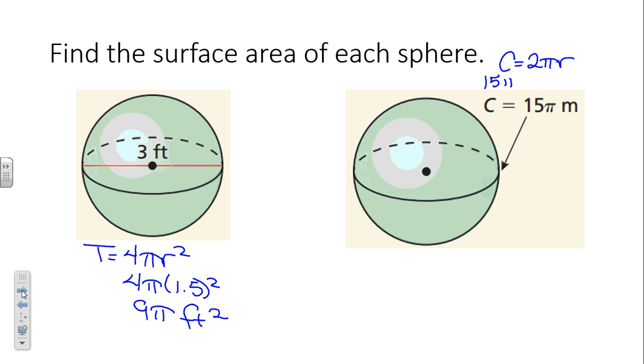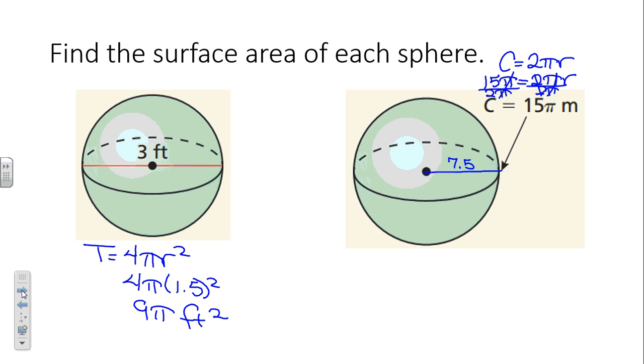They told us circumference is 15 pi. By writing the formulas down, plugging things in, now you know what to do. How do we get the r by itself? Divide by 2 pi. Pi's go away. And what's 15 divided by 2? 7.5. Your radius is 7.5.